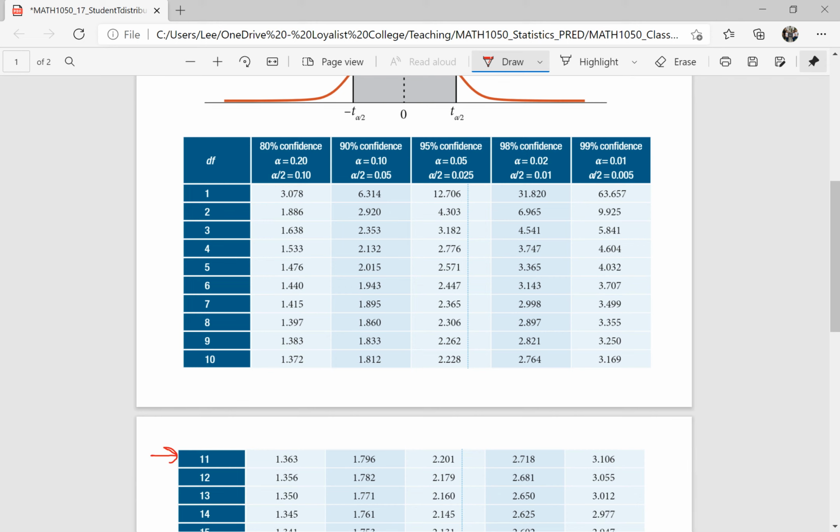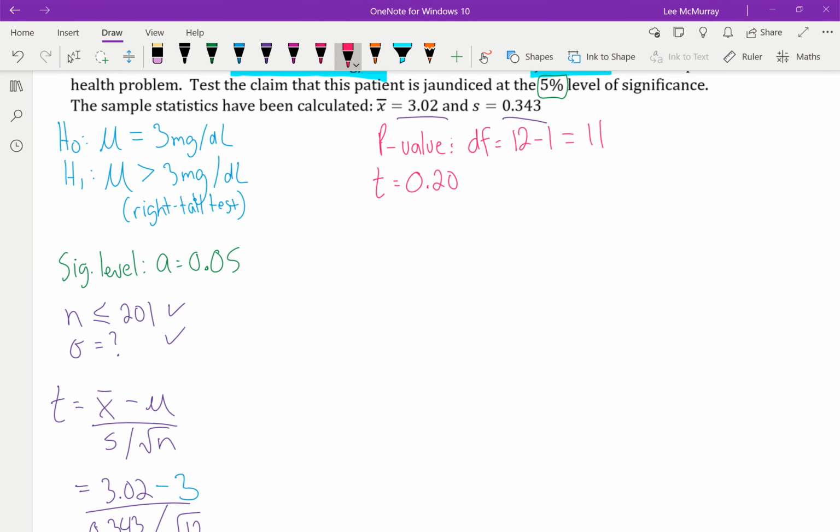If we look along the row here, we can see that it's actually lower than the lowest value. So remember, there's a bit of a rationale to solving this, and we can get this from the notes. Because t of 0.20 is lower than the lowest t value, which when we looked it up was 1.363, it's lower than that value.